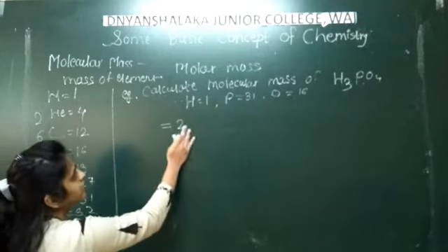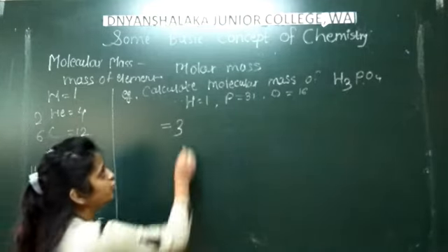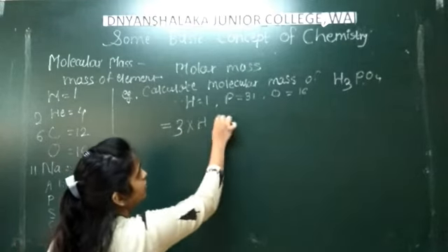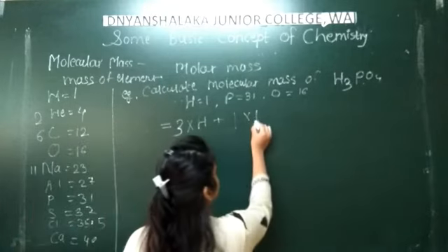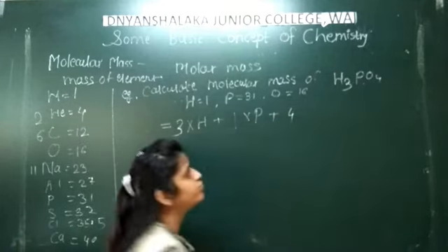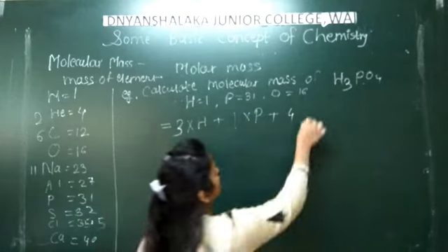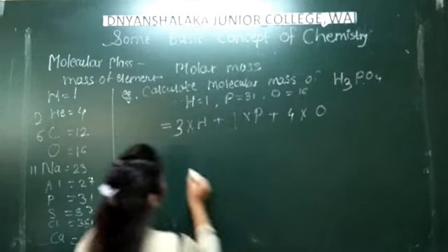Formula: 3 moles of hydrogen into atomic mass of hydrogen, plus 1 mole of phosphorus into atomic mass of phosphorus, plus 4 moles of oxygen into atomic mass of oxygen.